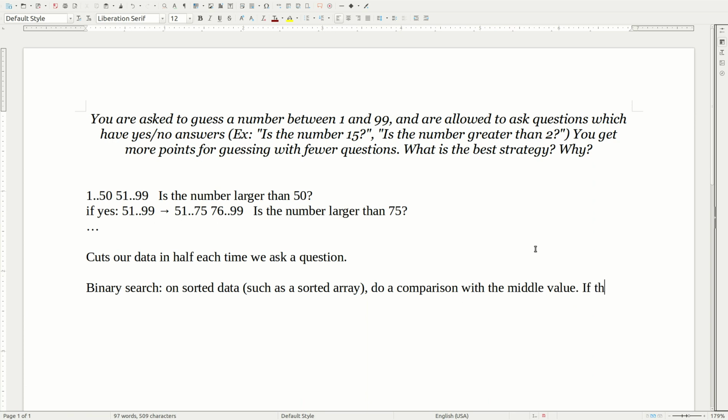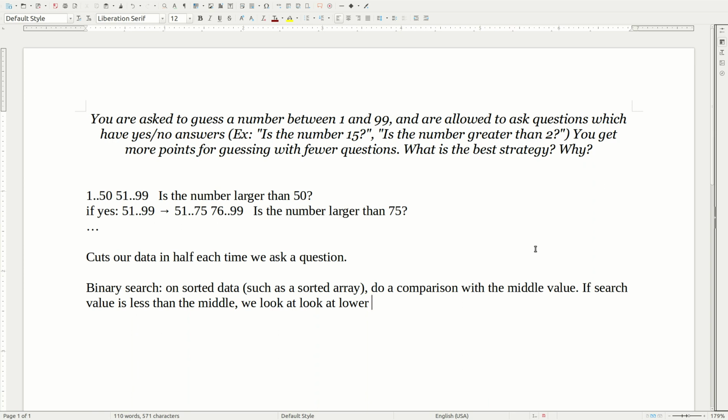If our search value is less than the middle, we look at the lower half of the array and repeat the process.